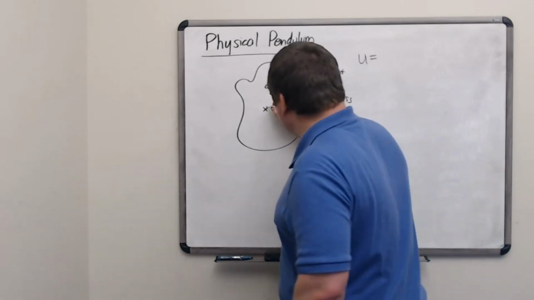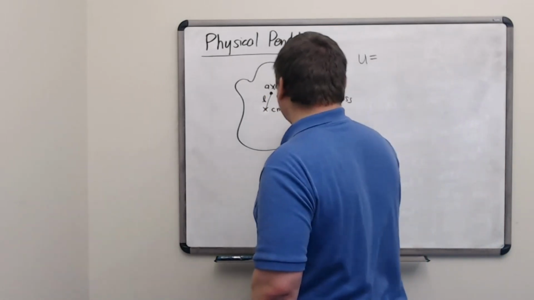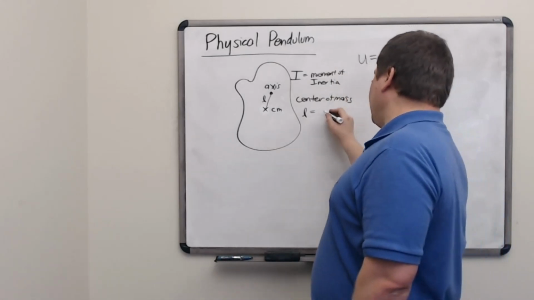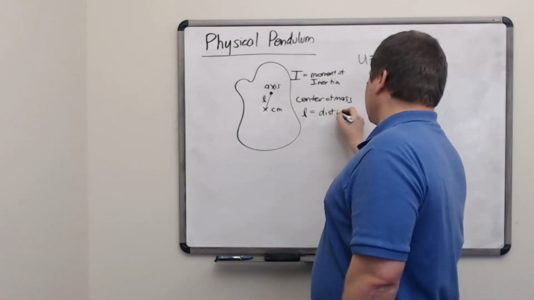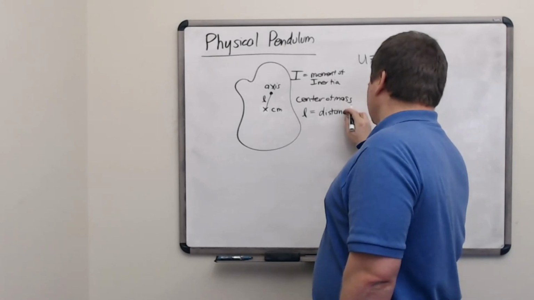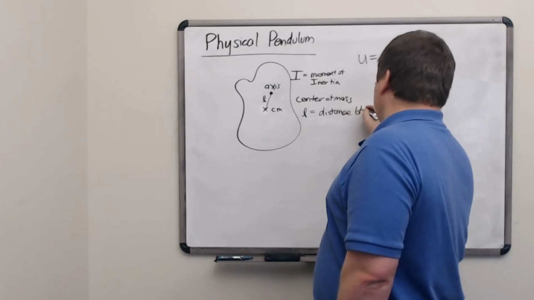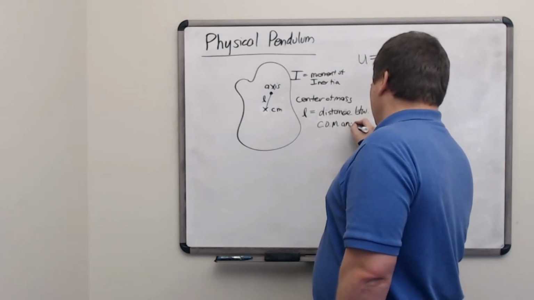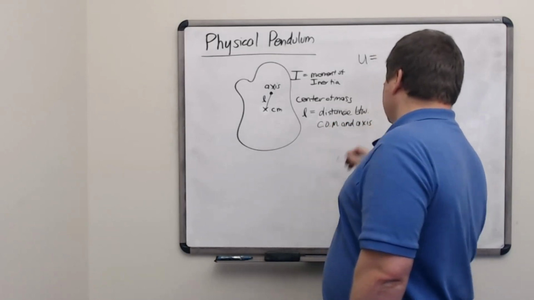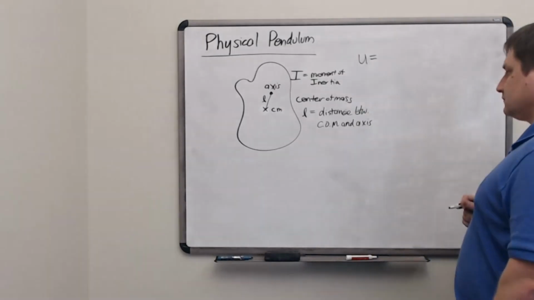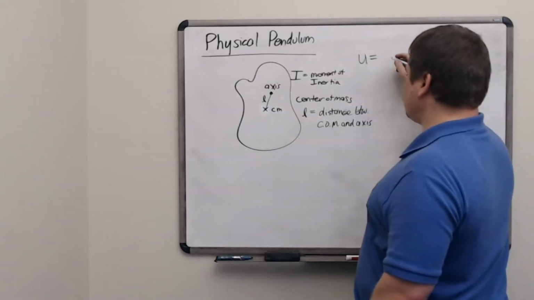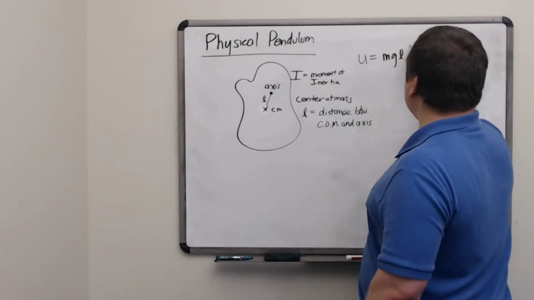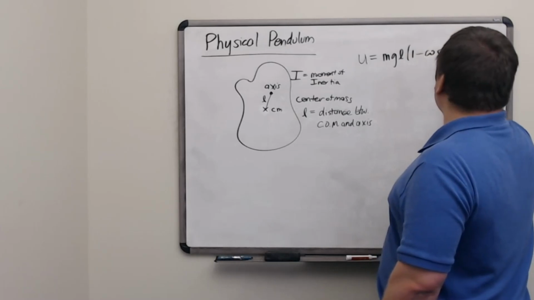So we'll call this distance L. And now we realize that L is the distance between the center of mass and the axis. So the gravitational potential energy will once again be mgl times 1 minus cosine of theta.